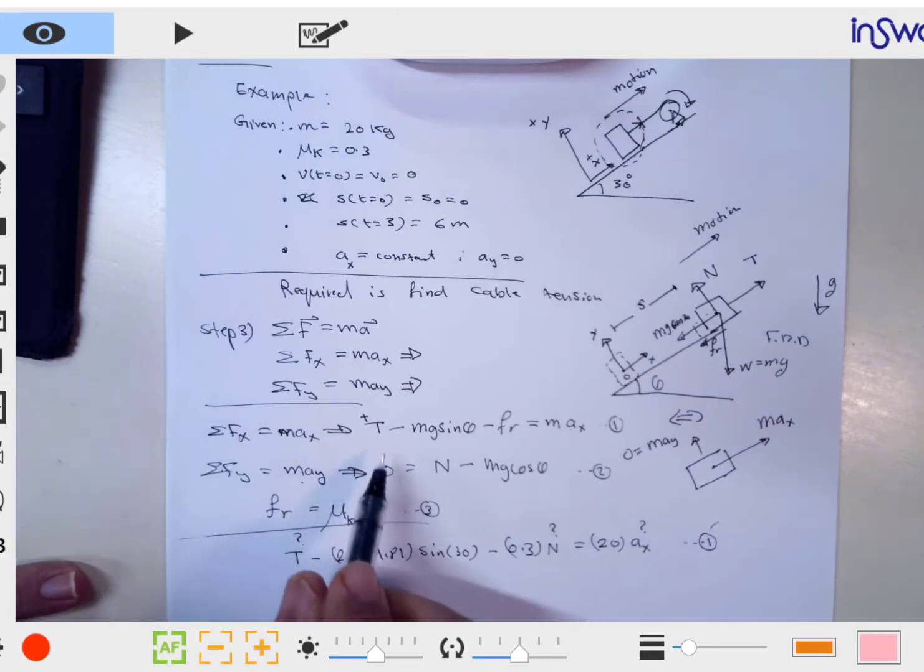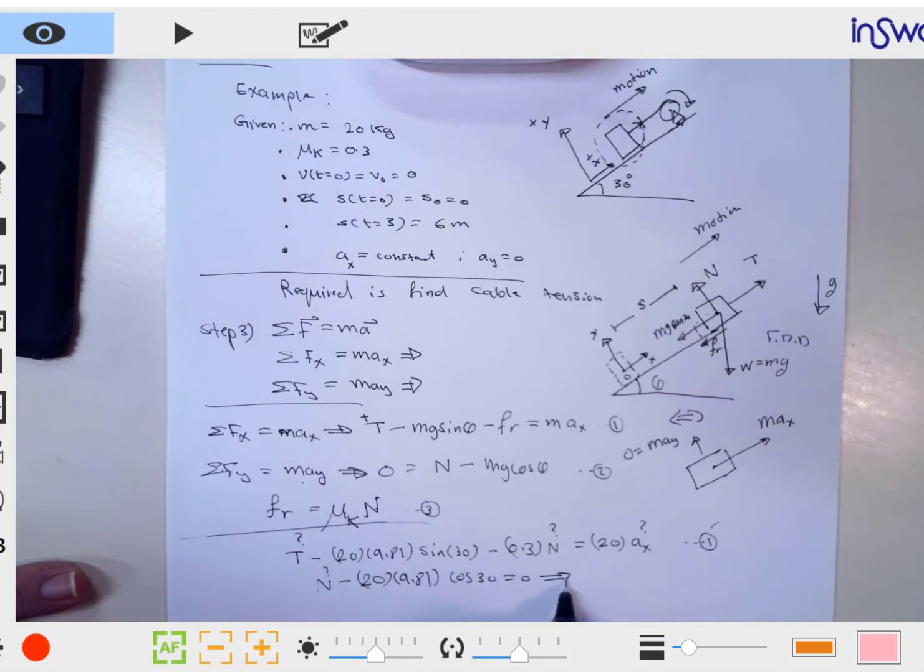Let me plug into that equation, which is N, which is unknown, minus 20 times 9.81 cosine 30, equal to 0. So from here, what do we get? We get N equal to 20 times 9.81 cosine 30. I'm not going to simplify that, I'm just going to give it as is.